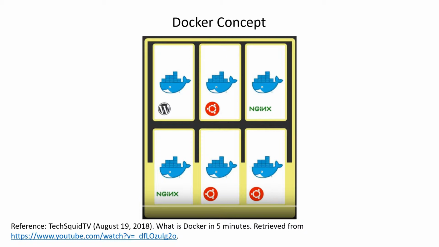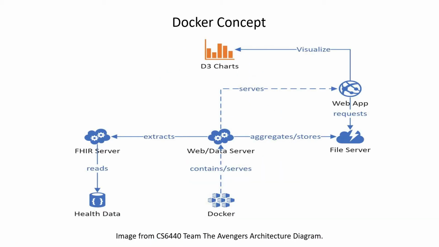Docker is just like a normal computer, and you can put things on it. These kinds of virtual machines are put into this container. For example, this is our Team Avengers architecture diagram, and Docker is right here.